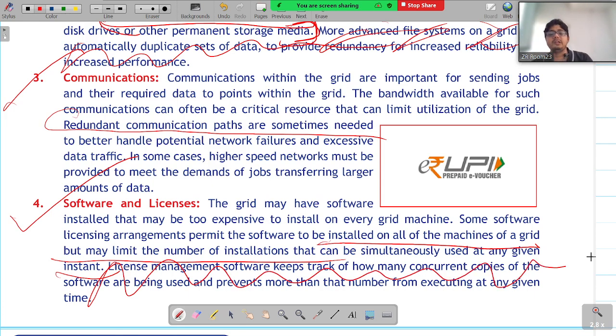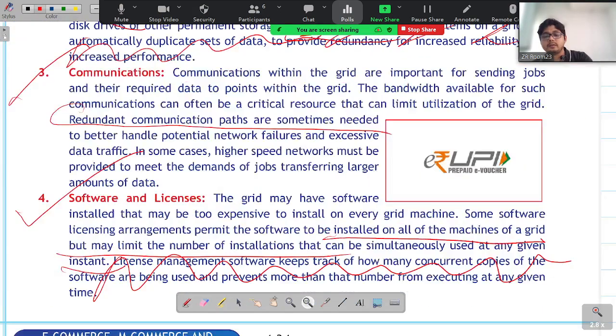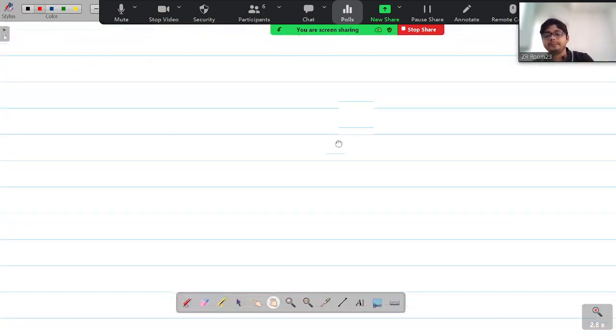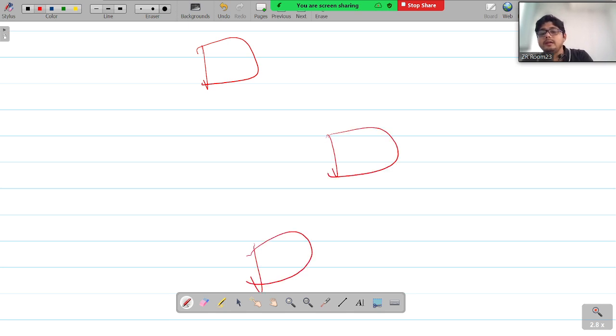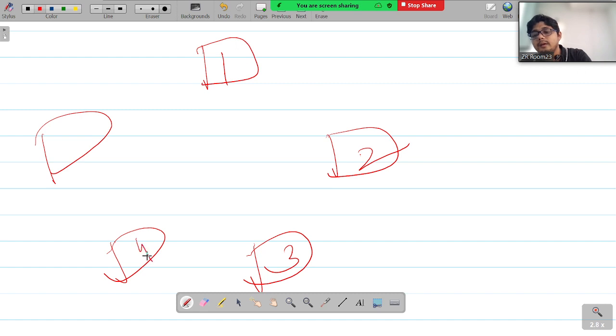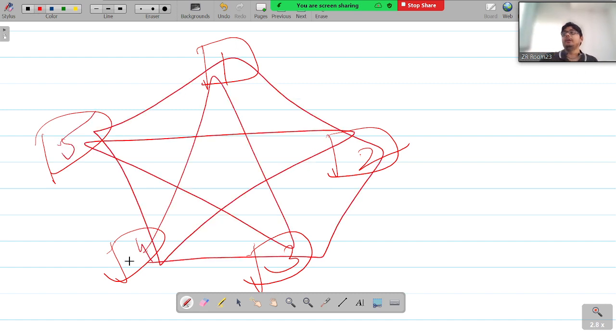Now listen, I am telling you. What is the power of grid? Listen, there are two things. Now, again, this is a grid. Now I am purchasing a Tally software worth, for example, 50,000 rupees.